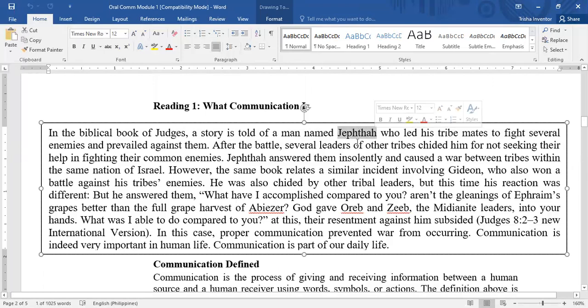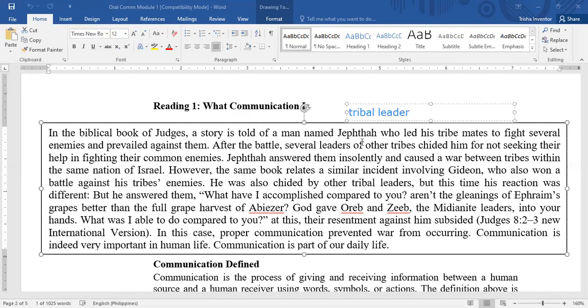Jephthah is a tribal leader, who led his tribe mates to fight several enemies and prevailed against them.